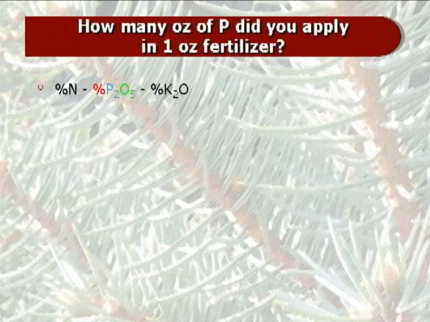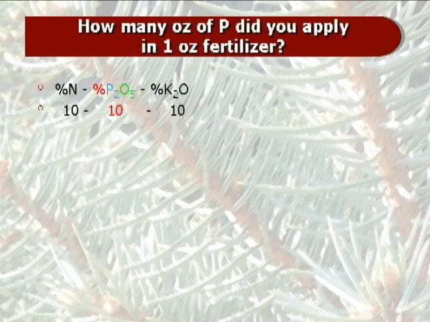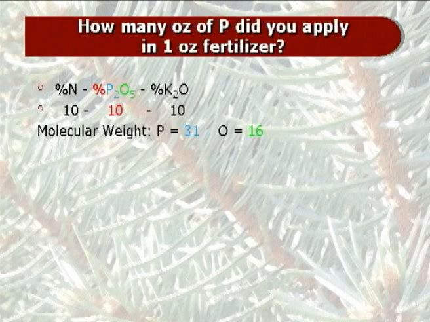If you use 10-10-10, you also applied some phosphorus and potassium. How much? Unlike nitrogen, the number includes some oxygen because it represents the proportion of P2O5, phosphate. The question really becomes how much P is in P2O5 on a weight basis. That's easily solved by knowing the molecular weights. The molecular weight for phosphorus is 31, for oxygen is 16.